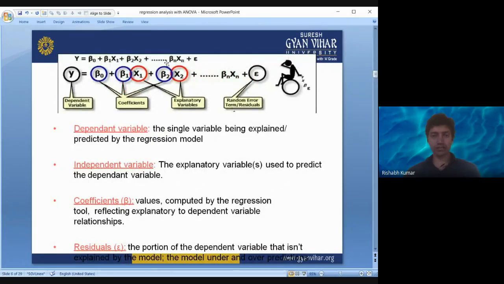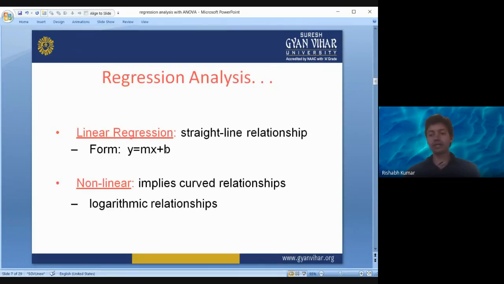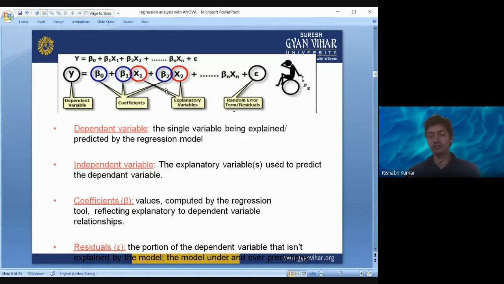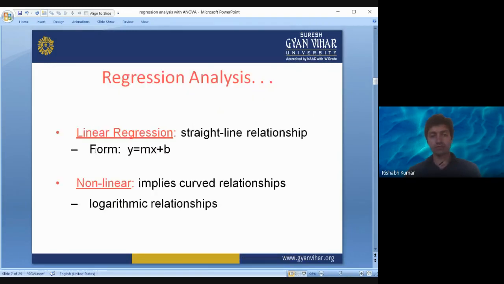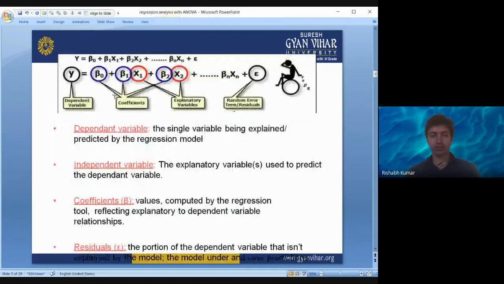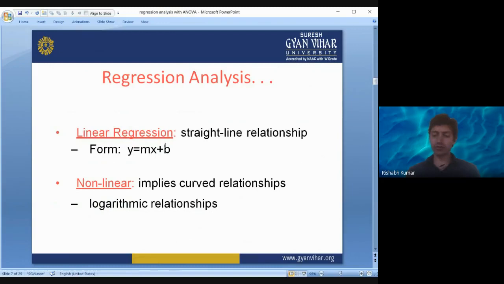The general equation for the regression model will become like this when you have two variables x and y and the relationship between them is linear, the equation for a straight line.